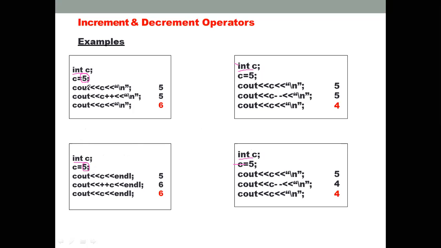So we will see the output here. The first output, print C, will output 5. The second output, print C++. What does C++ mean? The rule says that with C++, if you write like this, it is not going to add in this step.